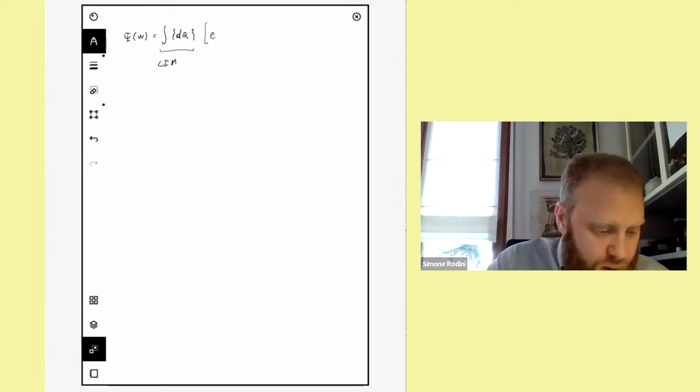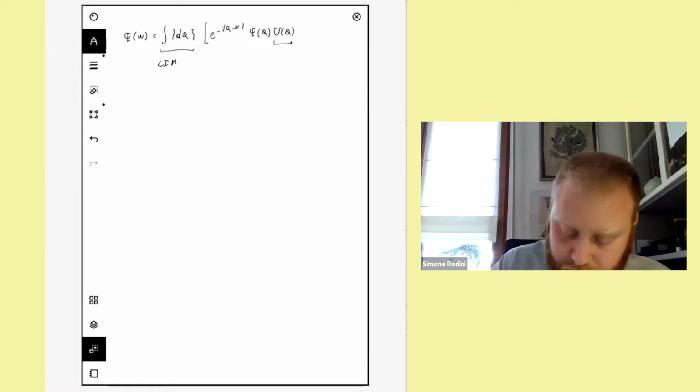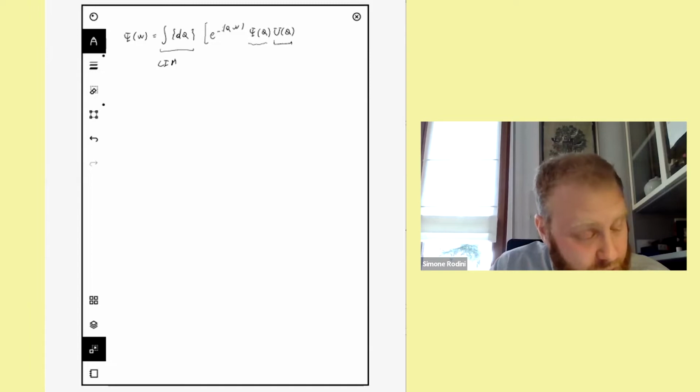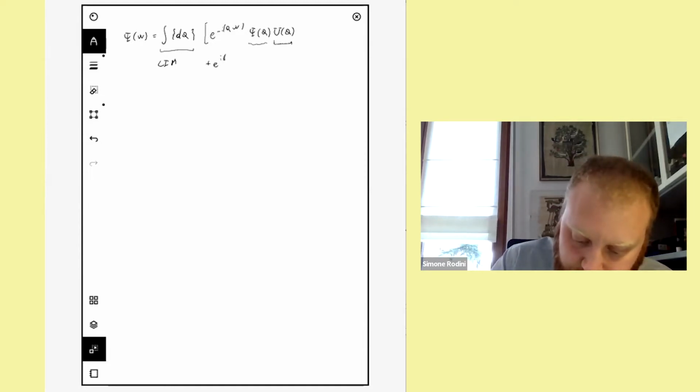Then you have the positive frequency wave, and then you have your c of q, u of q, where u of q is the light-front spinor. And in this notation, c is the annihilation operator of the proton field with momentum q. And then you have, even if we do not need it, the anti-proton, let's call it capital Phi.